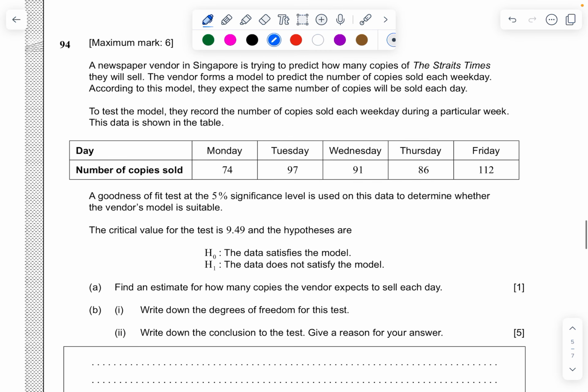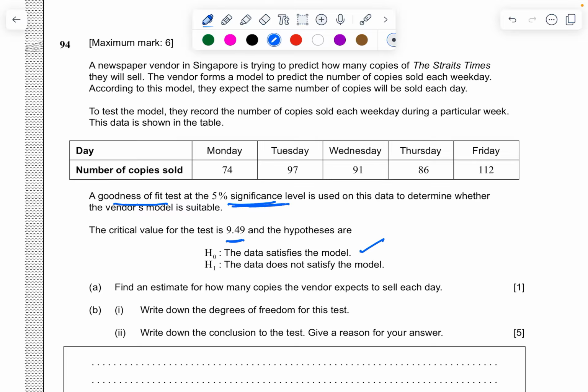Question number 94. Again, it is from hypothesis testing. We need to do a goodness of fit test at 5% significance level. The number of copies sold on Monday, Tuesday, Wednesday, Thursday, Friday is given. The critical value is 9.49.